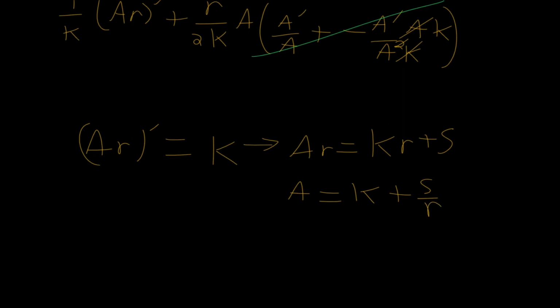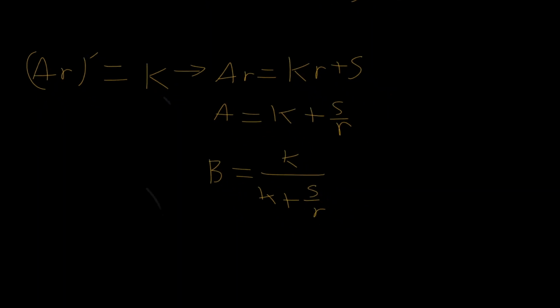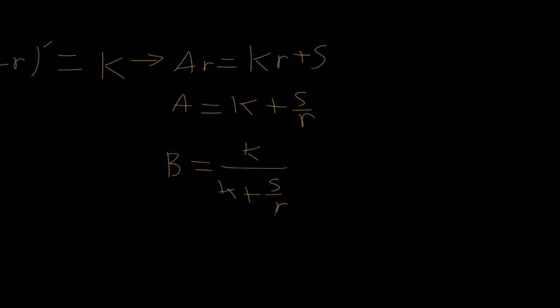And we also know that ab equals k, or in other words, b equals k over a. So we know from this that b is equal to k over a, so k and then over k plus s on r. And this right here, this is the solution. Almost.